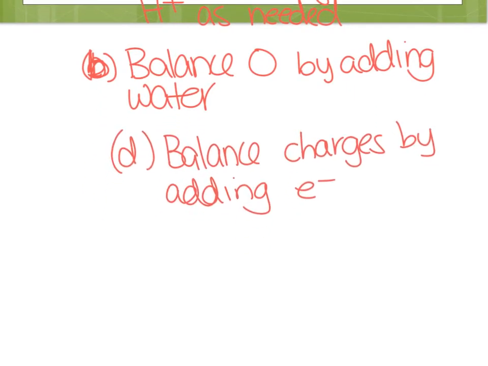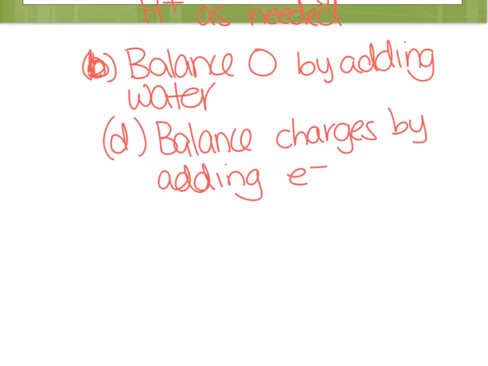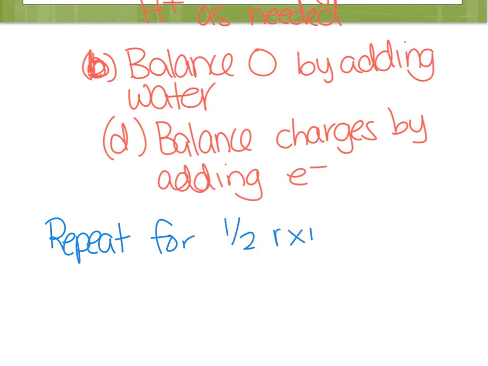Once you've balanced the charges by the electrons, then you're going to repeat for the other half reaction. Whether you started with oxidation or you started with reduction doesn't matter.